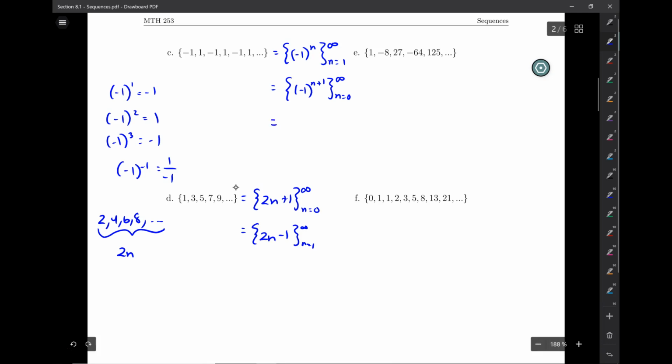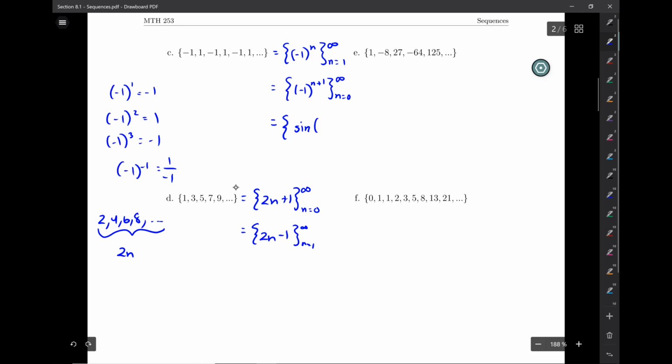Actually, hopping back to part C really quick, another way you can create an alternating sequence is to use trig functions, because sine and cosine also alternate in value between -1 and 1. So that's another option. You could use sine or cosine, it doesn't really matter, as long as you make your starting point where it needs to be.